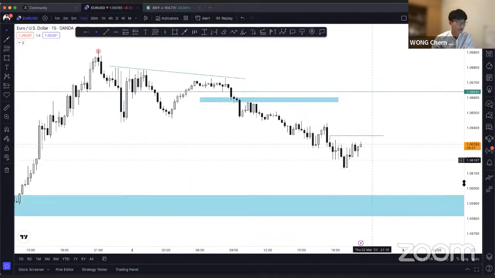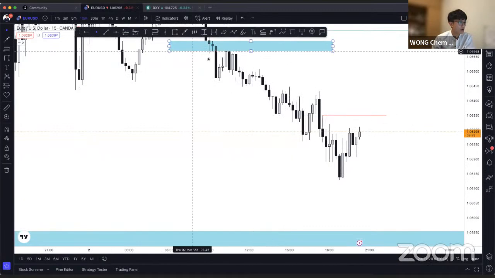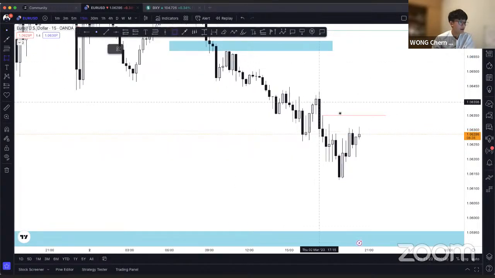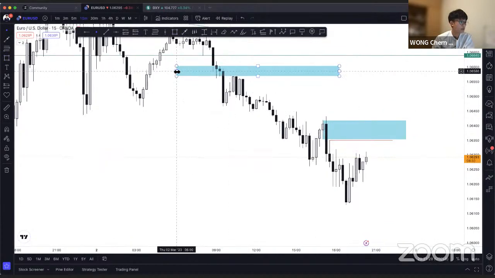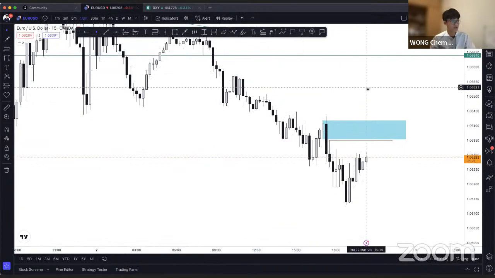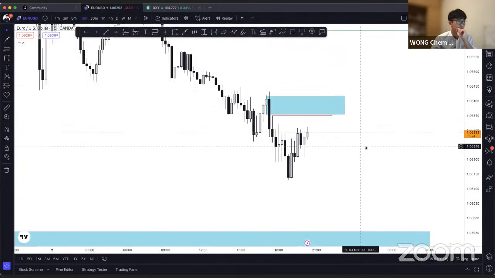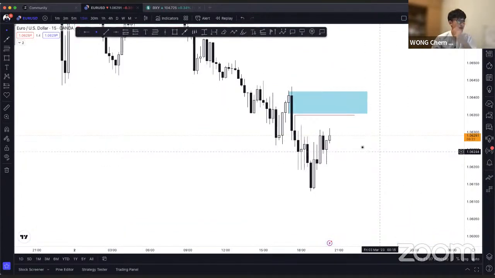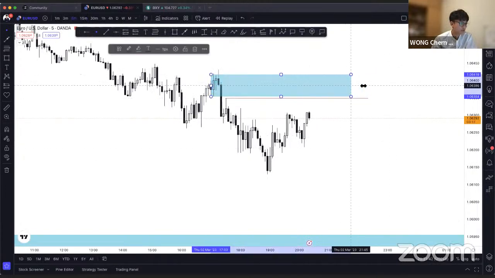I will be looking out for shorts as I've mentioned. Looking directly here, there is obviously an internal demand zone over here. I'll mark that zone out. That is not specifically the zone that I'm looking for. These two zones are the two important demand and supply zones that I believe price can react to. I will be looking for some possible setups.